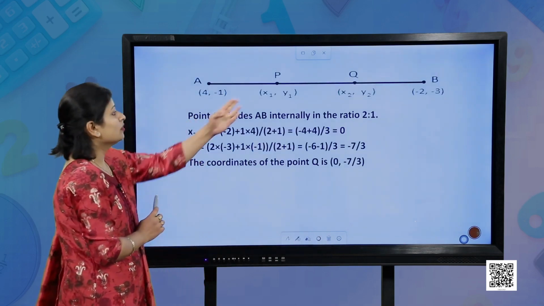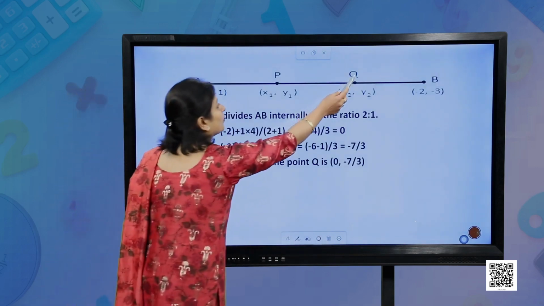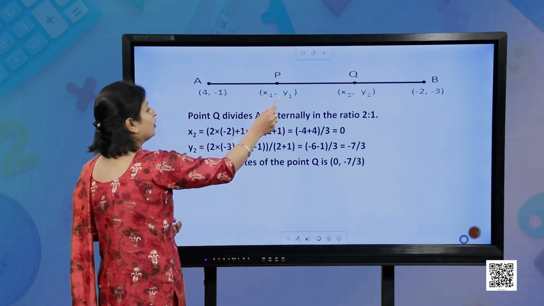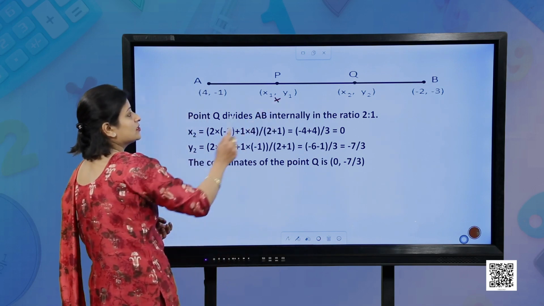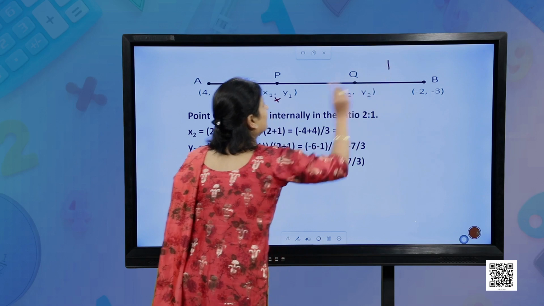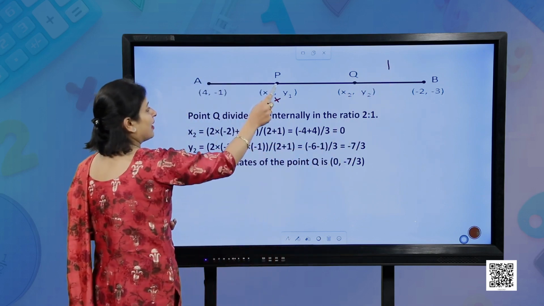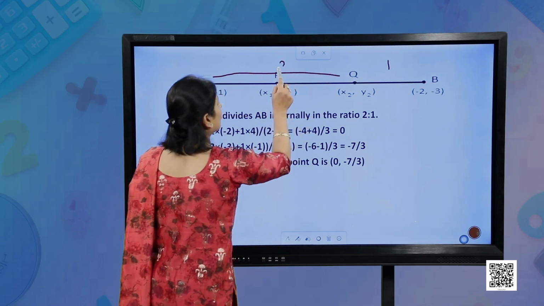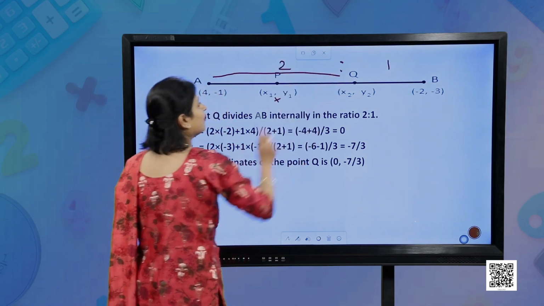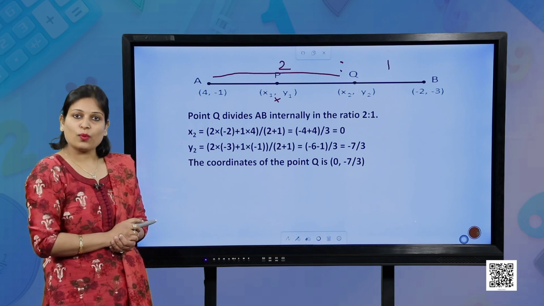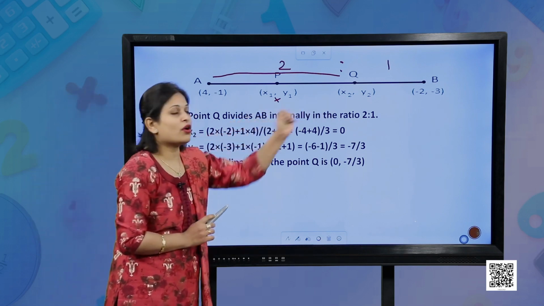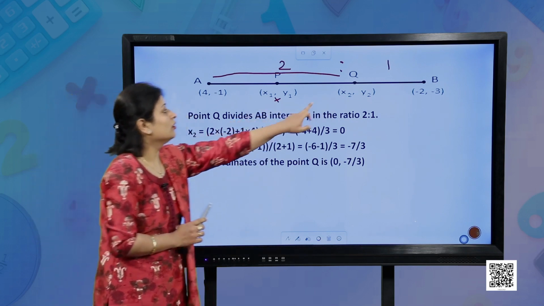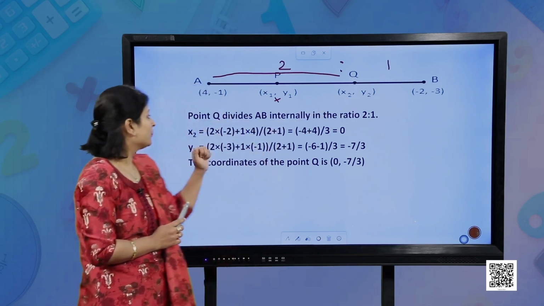For the point Q, what will you do? Now, you will not consider this point. See, this part is 1 and this is divided by P into 2 equal parts. So, this will be 2. So, now the ratio will become 2:1. How will you find the coordinates of Q, x2, y2?